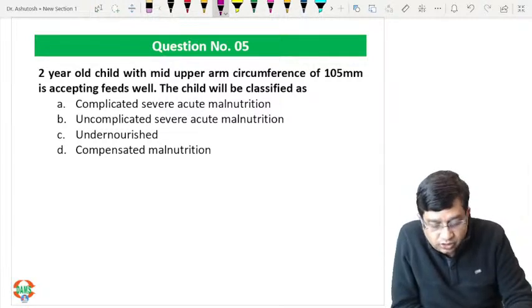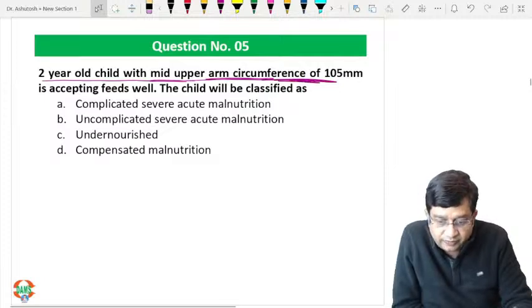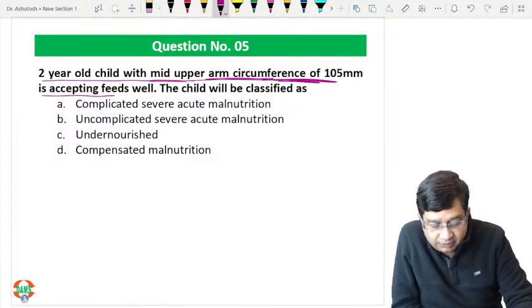Then there was a question, 2-year-old child with mid upper arm circumference of 105 is accepting feeds well, the child will be classified as.